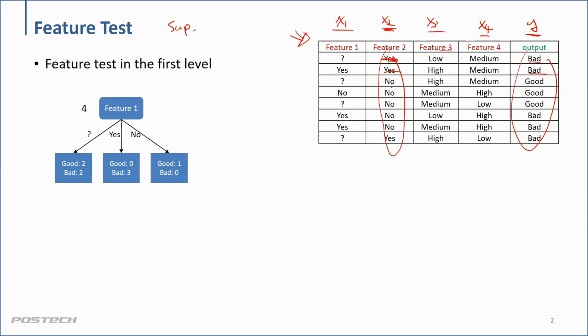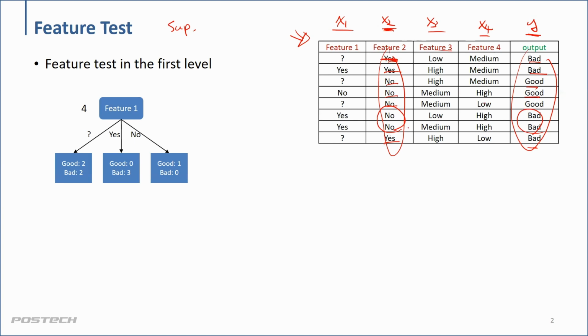It's good. And it's no, no, no. Good, good, good. But yes and bad, the thing is these 2 are different. Or you can try others as well.